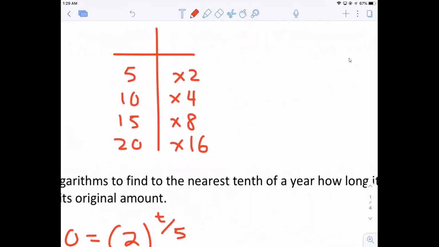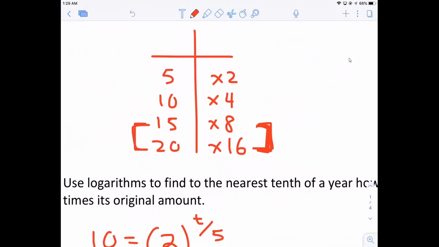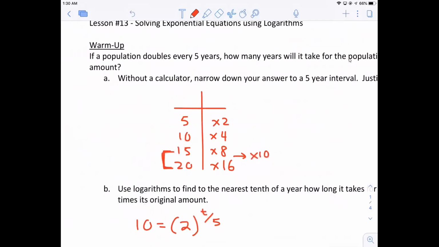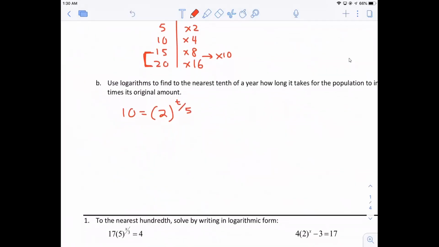So I know my actual answer should be somewhere in between 15 and 20 years, right? Because times 10 is somewhere over there. So if I had to guess, I would say like 16-ish years.